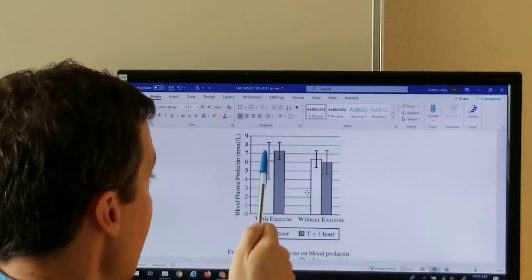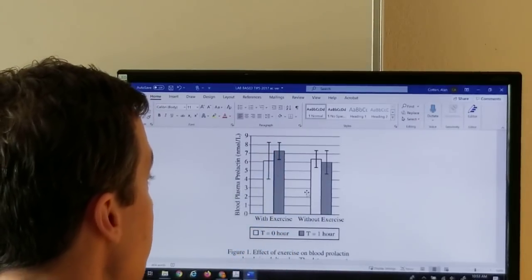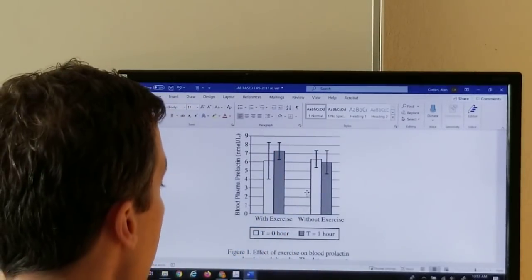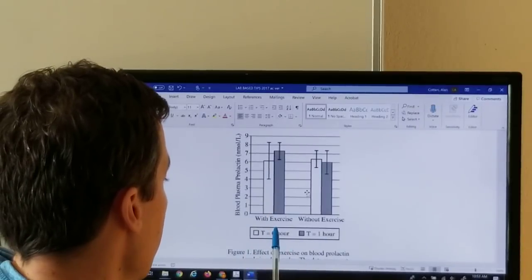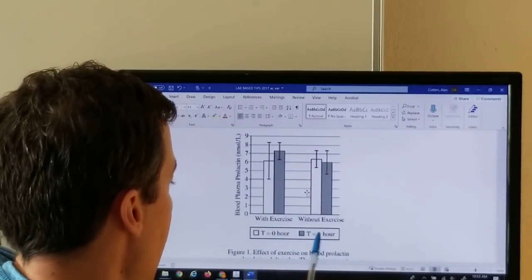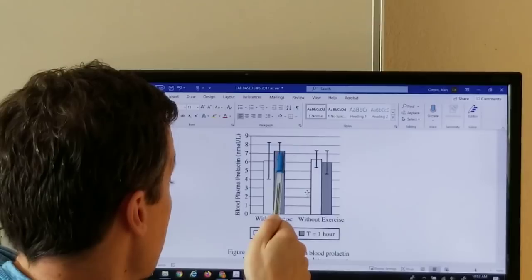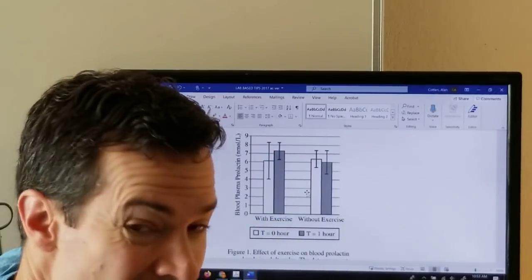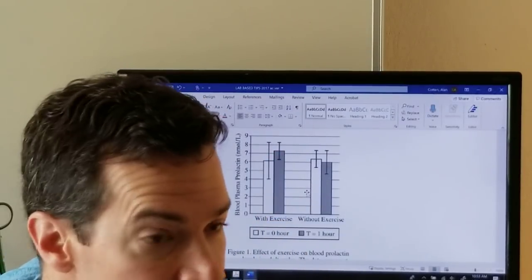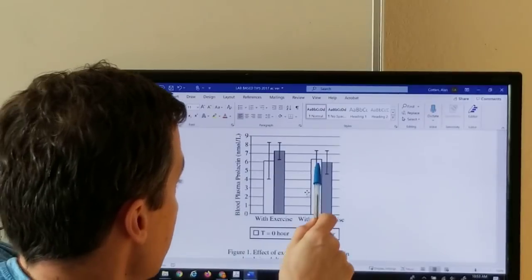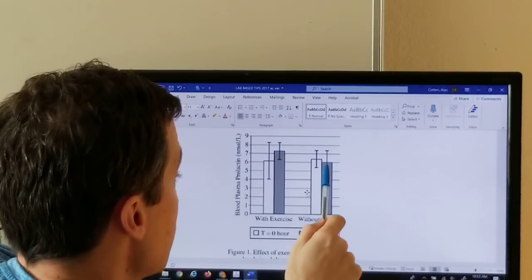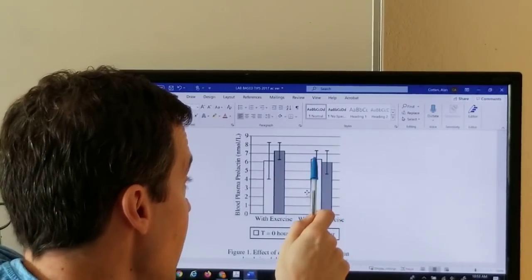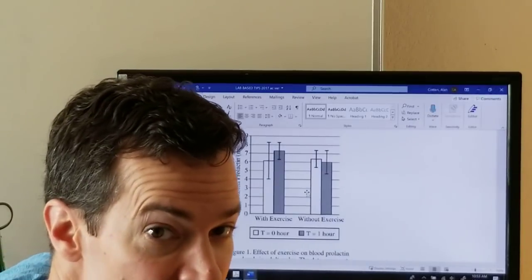So that and that are statistically not significantly different. So whatever happened at hour 0, with exercise, and at hour 1, whatever's going on in this experiment, the difference between those is not different enough for us to say, yeah, they're different. Same thing here without exercise. Those error bars overlap. So whatever this data is showing in this one, it's not statistically different.